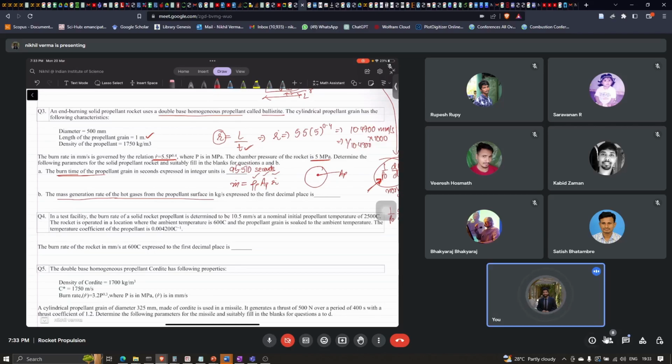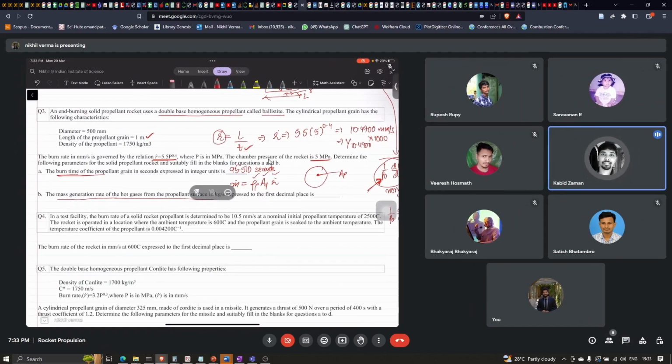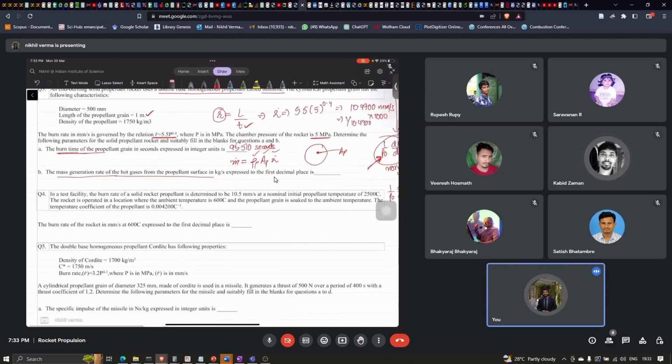So let me see the answers. Yeah, I made some silly mistake with 5 actually. Okay, so let us calculate what is the mass generated. The mass generated is rho of the propellant, which is 1750, then pi into 0.25 into the diameter of the propellant, which is 0.5 meters, into rho A and R, right?